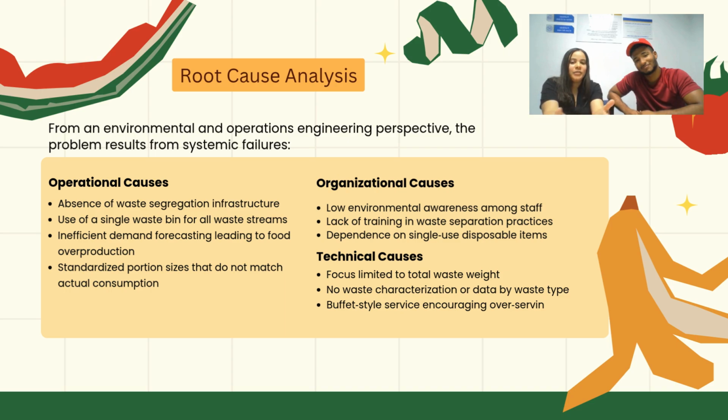In operational causes, we have absence of waste segregation, as we saw in the past slide, and the use of a single container where we put all the food scraps together.